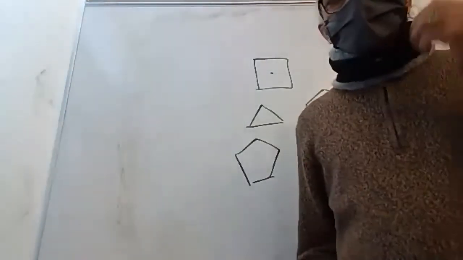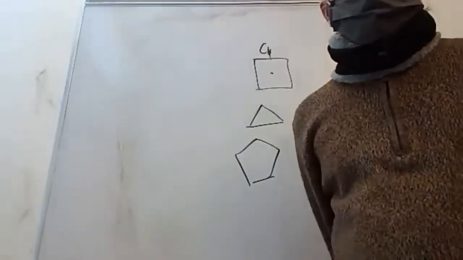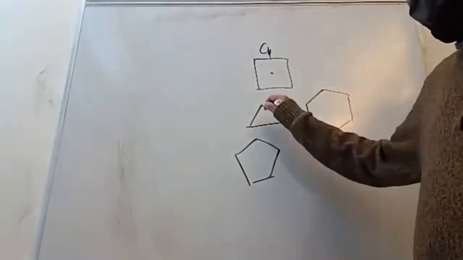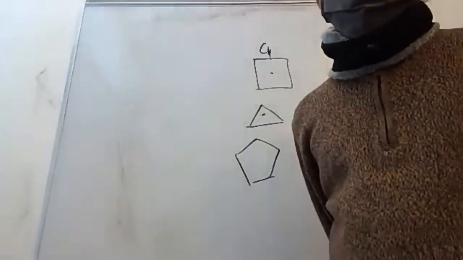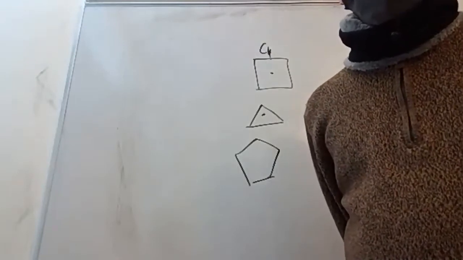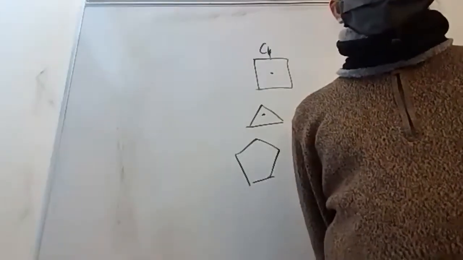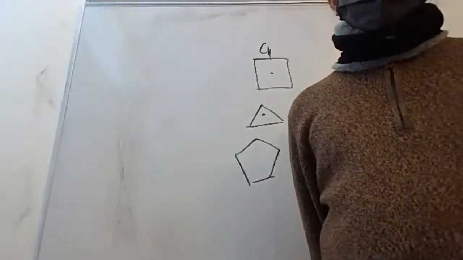C4? You're absolutely correct, sir. That is a C4. How about a triangle? How many degrees do you need to rotate this triangle before you see a similar looking shape?